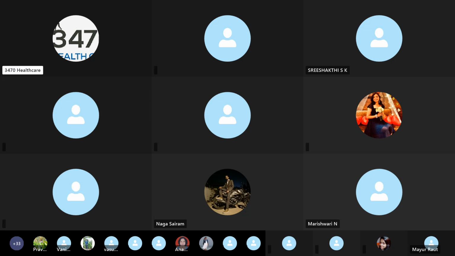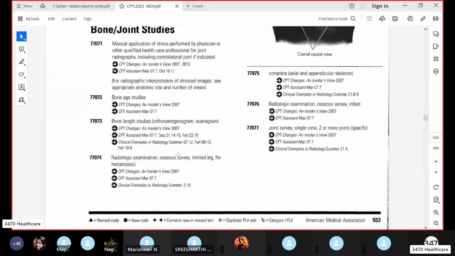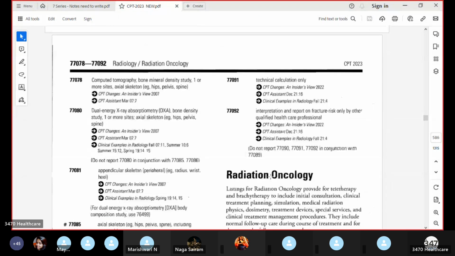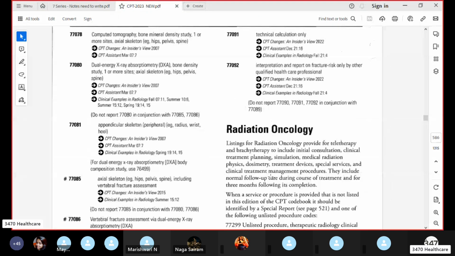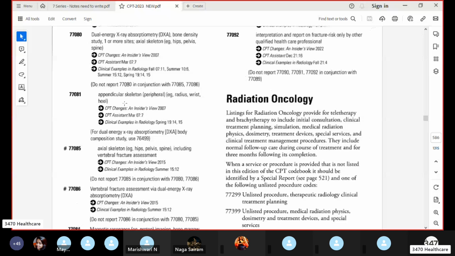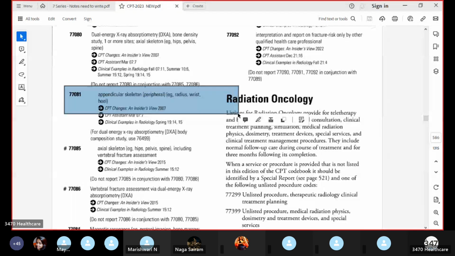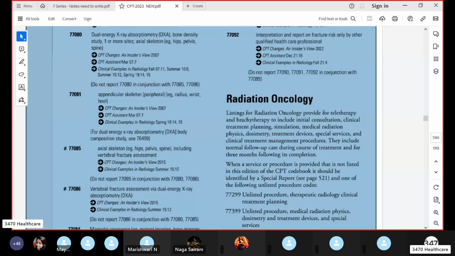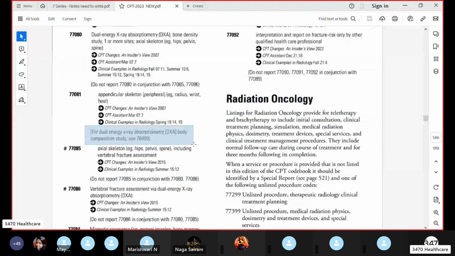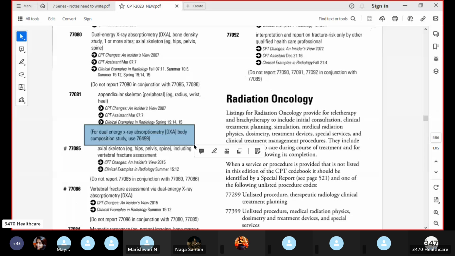You're going to the starting of the Bone and Joint Studies codes here. 553, 554. Okay. So you are looking at page number 554, the code 77081. 77081 CPT. You are looking down for dual energy X-ray absorptiometry, DXA body composition study.